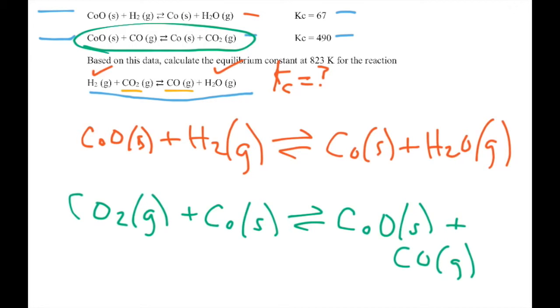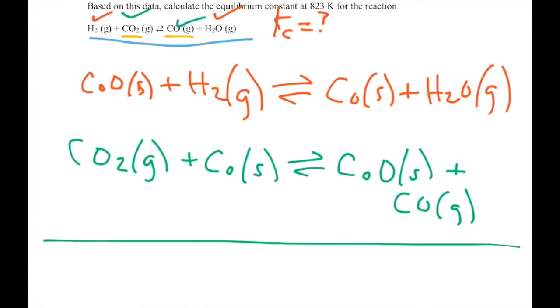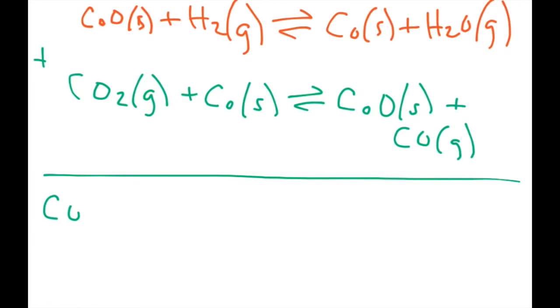We changed the direction. So now we have those two reactants in our overall reaction. So let's verify. We're going to add these. Now remember, when you add, we'll go through it here. So we'll rewrite everything.